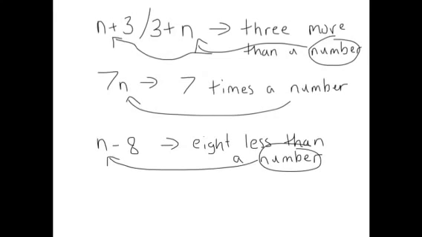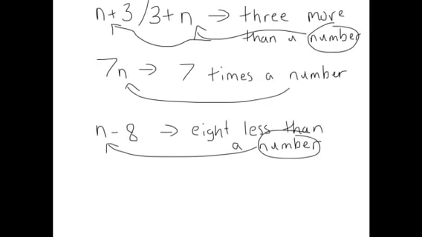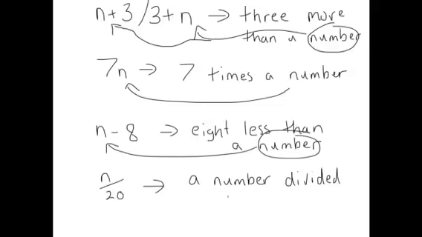What if we had n over 20? Well, we read that as a number divided by 20.